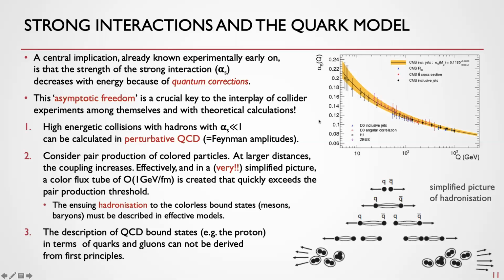The classical world is to the left of this plot, where our perturbative description of the theory has collapsed. And that's why it took so long to understand, because it was unclear how a new force with a coupling constant that's strong but smaller than 1 can explain these bound states. That's quantitatively extremely difficult to understand. It took a while to figure out that this energy dependence of the strong coupling constant really plays the crucial role.